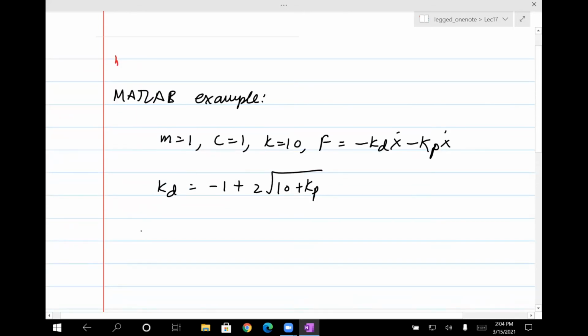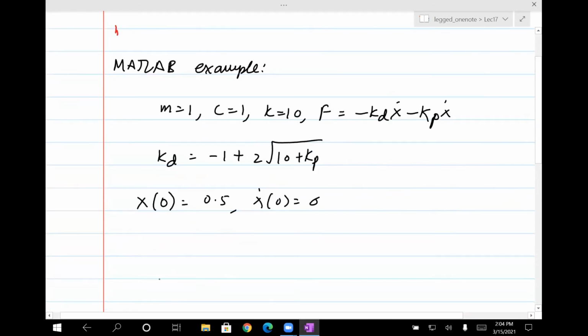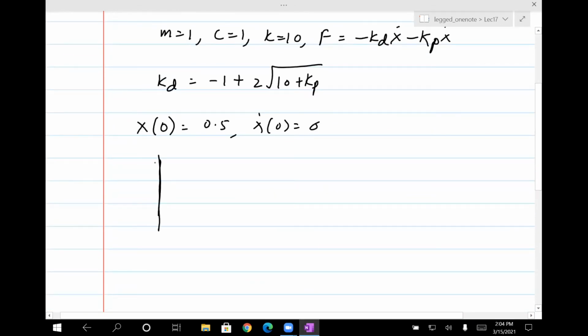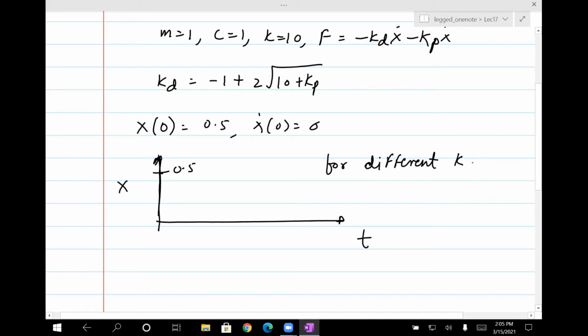And then we'll start the system with the initial condition x of 0 equals 0.5, x dot of 0 equals 0. And then we need to simulate the system and make a plot of x versus t. It starts at 0.5, and we'll do this for different kps.